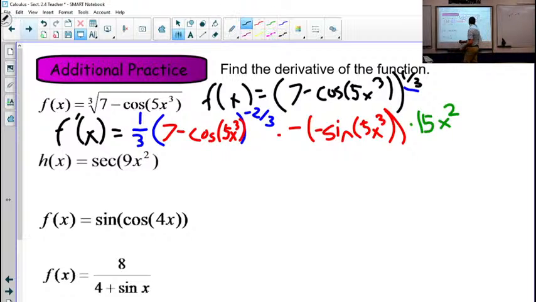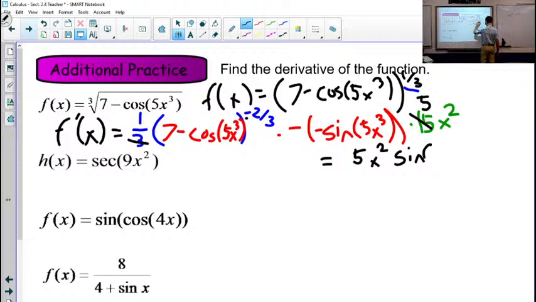So now let's take a look at simplifying this. Well, first off, this 15 here can cancel with this 3 here, and we're left with a 5. And this is going to get moved to the bottom, since it's a negative 2/3. So on top, we've got a 5, we've got an x squared, and then we have this negative sign, which is going to be positive sine of 5x cubed.